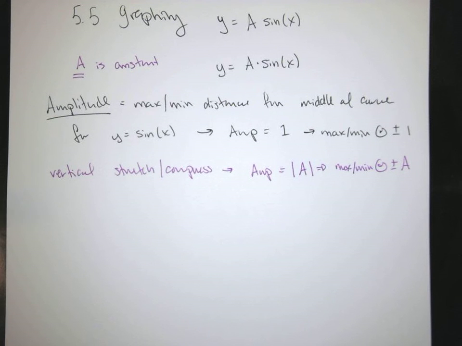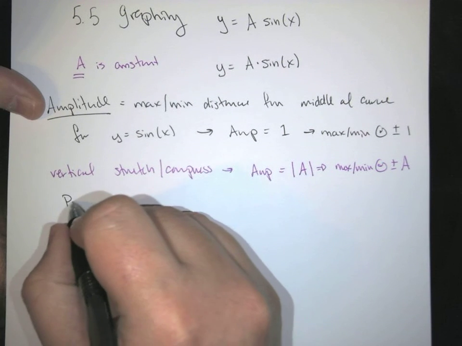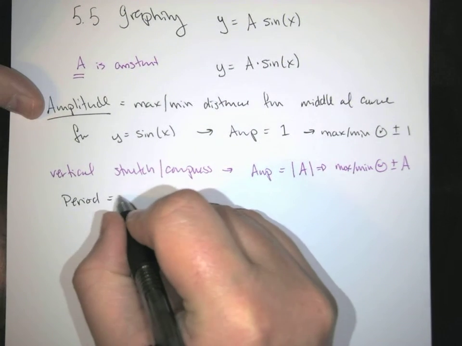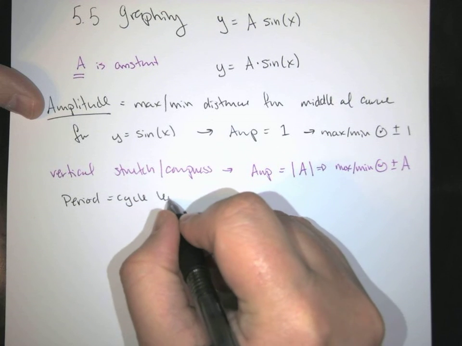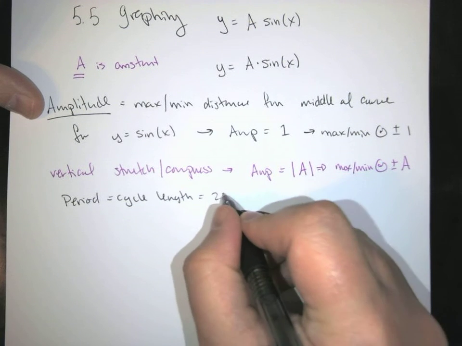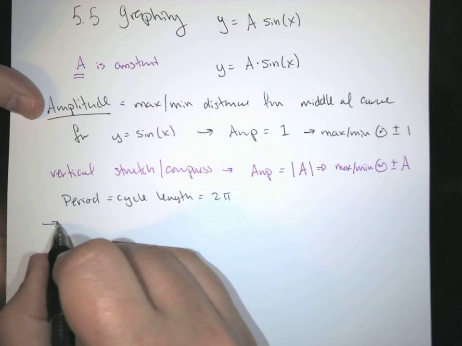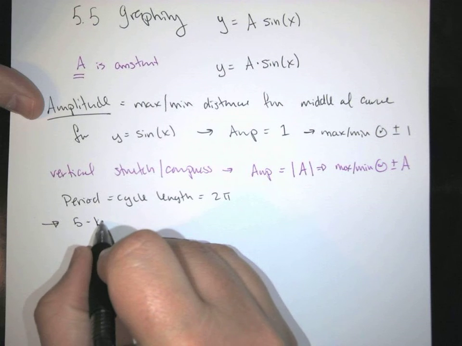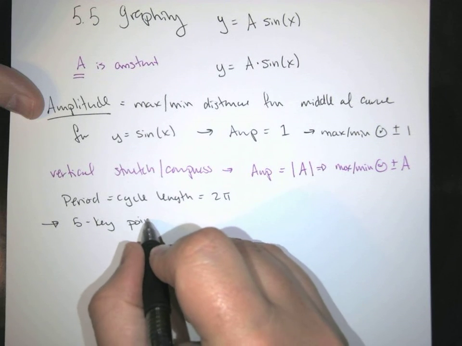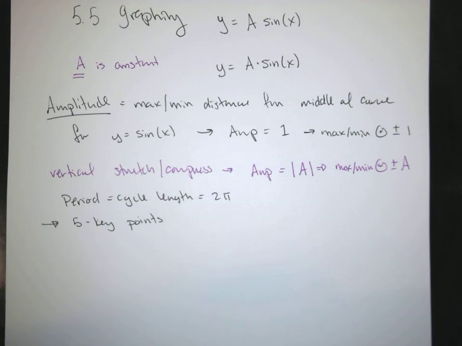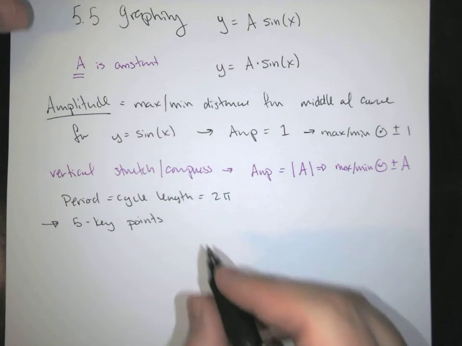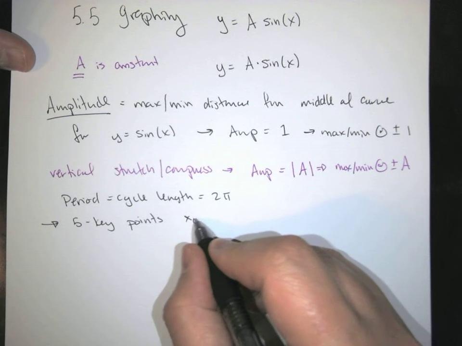What else changes? Literally nothing. So the period, right, our cycle length, is exactly the same, still 2 pi, and so that implies that our 5 key points that we need to make our table will just be the usual suspects.